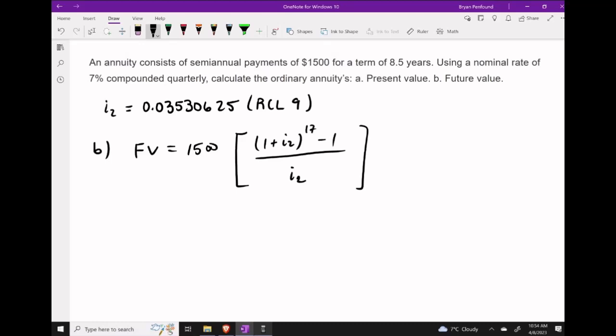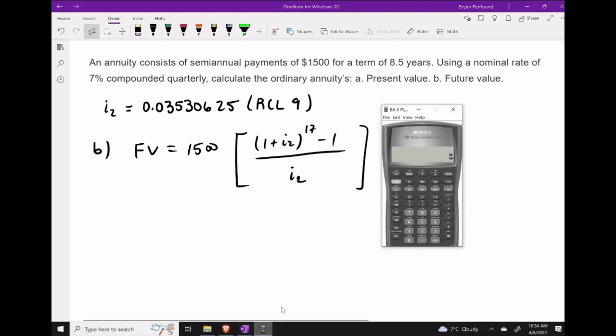And we should be able to quickly move into part B of this question, calculating the future value. Let's take the 1,500 once more. We're going to change our i's into I2. We've already calculated n. We know that n is equal to 17. So beginning in our numerator, open bracket 1 plus, let's recall I2, close that bracket and raise this to the power of 17, and then subtract 1.